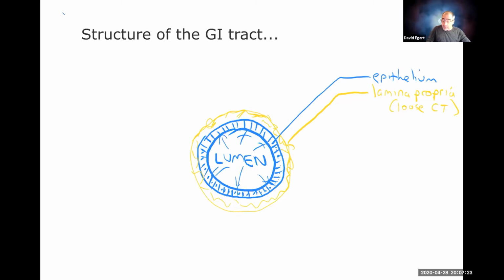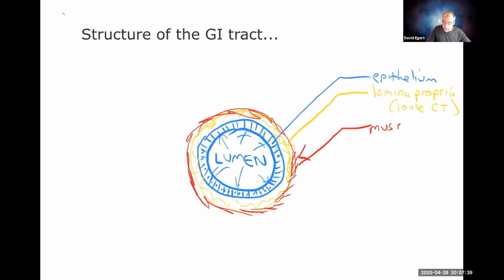And then underneath the lamina propria there's actually going to be 2 layers of muscles. I'm just going to make it as a single thing for right now. It's what we're going to call the muscularis mucosa. I'm going to write scant smooth muscle.